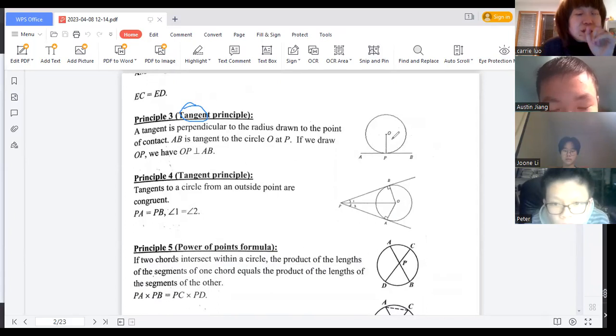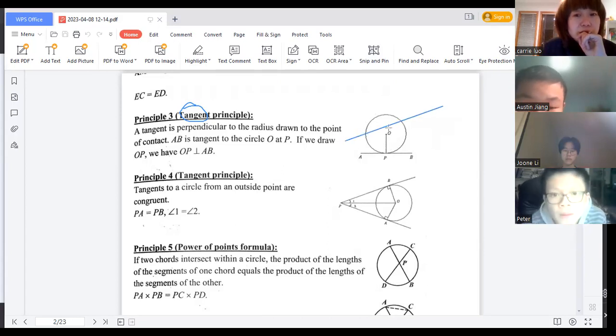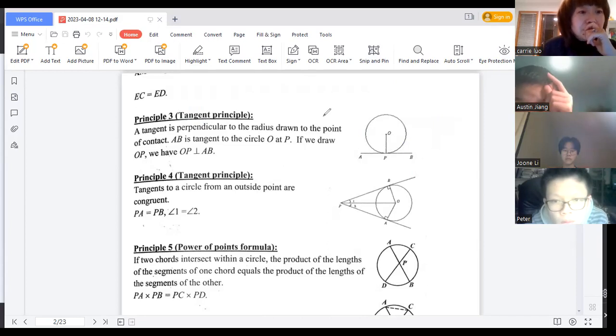AB 和 O 相交的点只有一个点，这个就是 P。那这个时候 Austin 说了，那什么时候会有多呢？你看像这样子就有2个点，对不对？像这样子就有2个点。但是当它是 tangent 的时候，AB 和 circle O only have one point attached to each other. Understand?